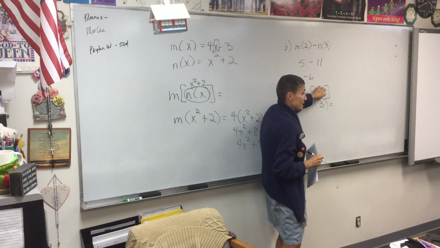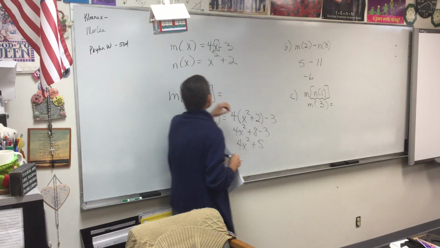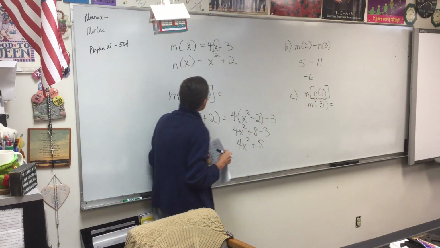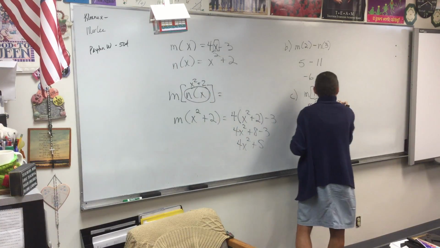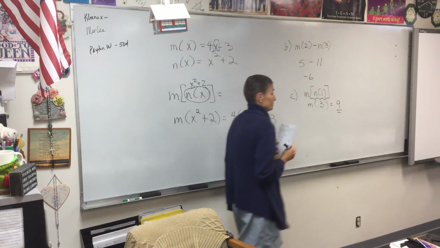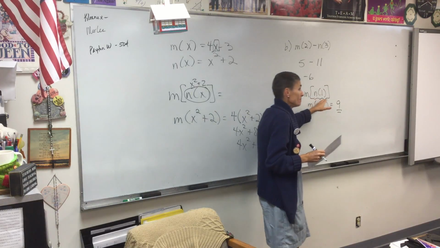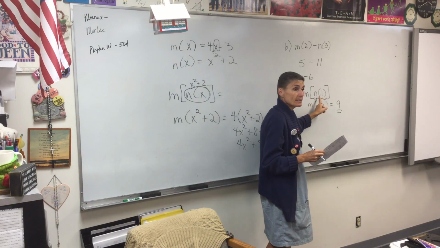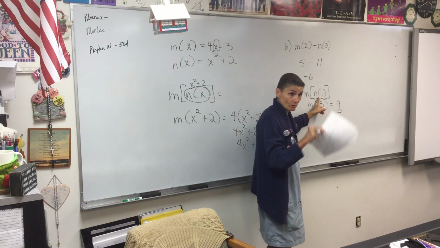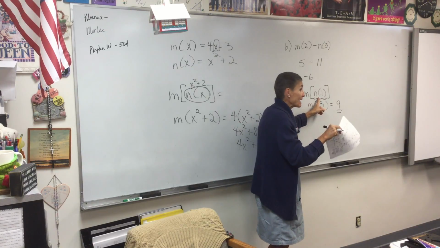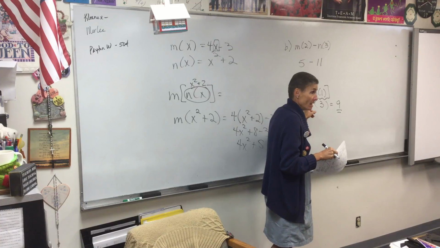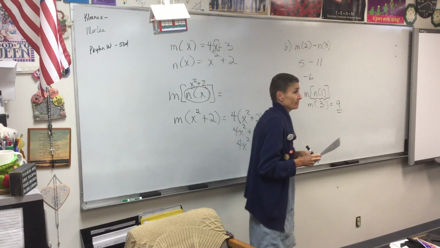This is 3. So m of 3 would be 9. That's the answer to the question. So this problem, we put 1 into n and get an answer. And then that answer goes into m for the final answer.